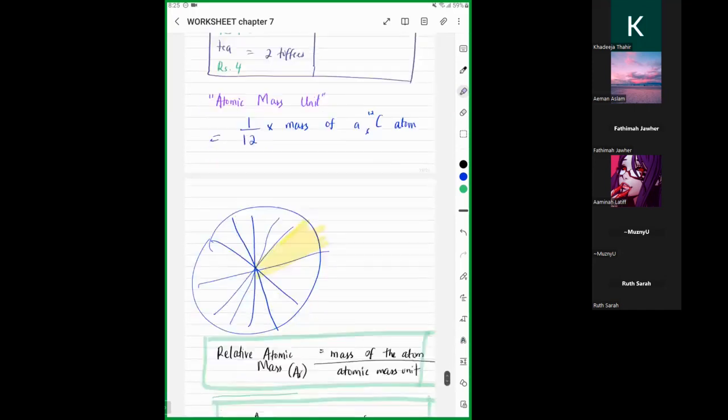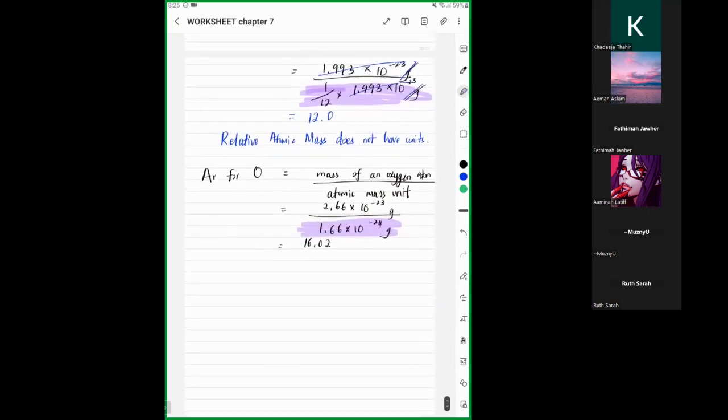Now I'm moving to relative molecular mass. Okay? So when it comes to relative molecular mass, it's very, very easy. Because to find the relative molecular mass, a molecule is what?